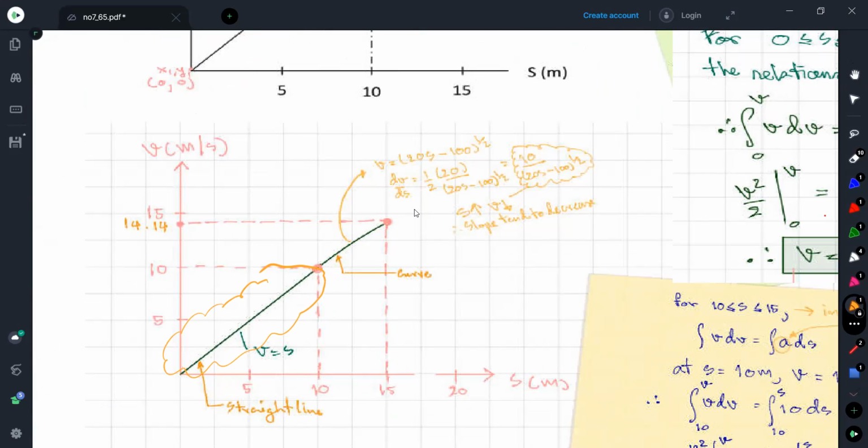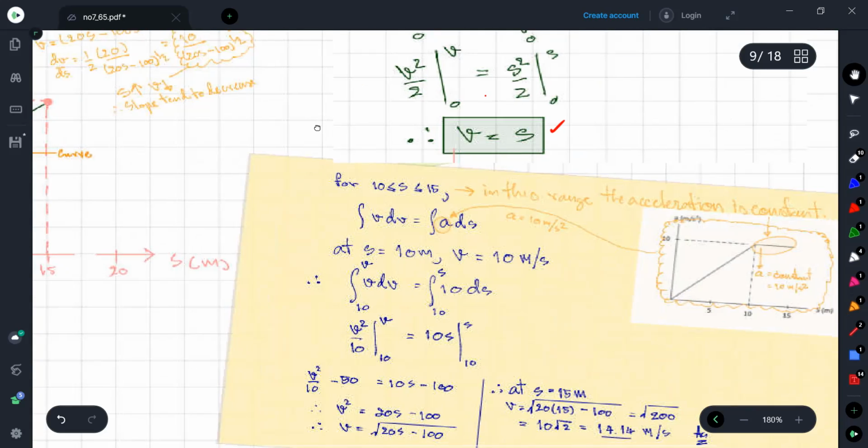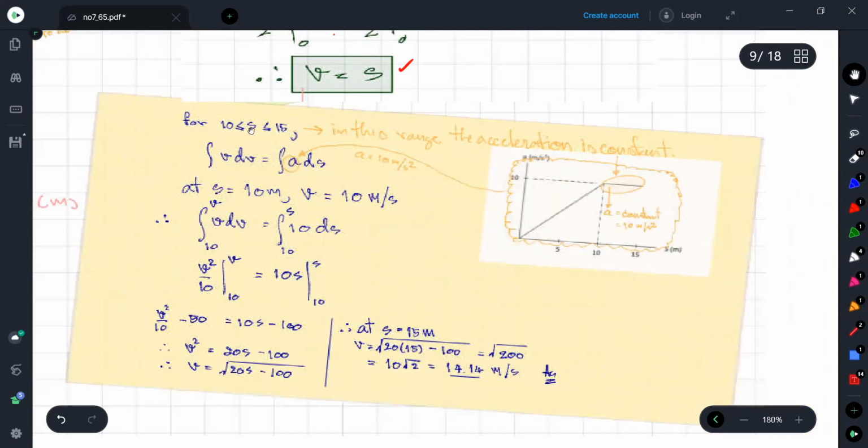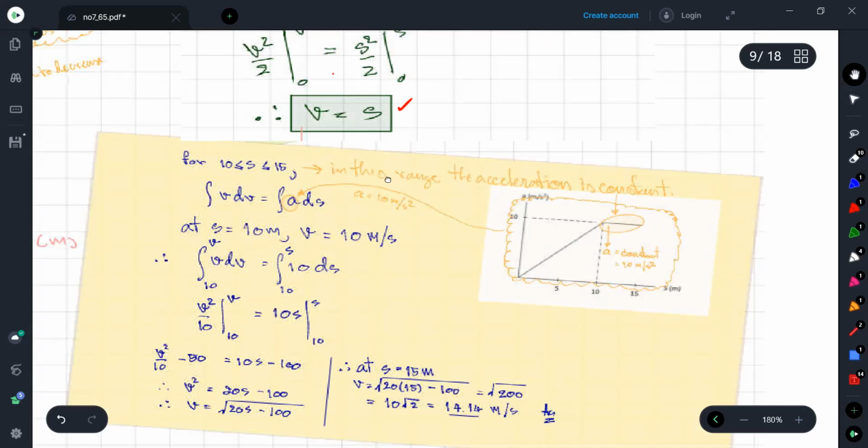But for the second range, from 10 meters to 15 meters, we have the relationship integration of V dV equals integration of A dS.